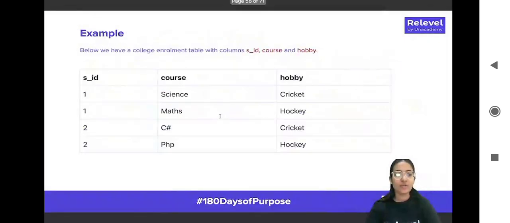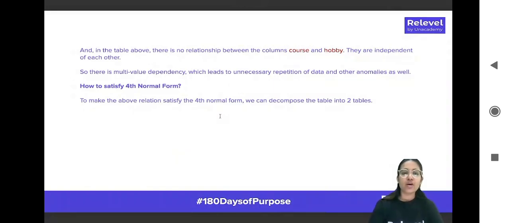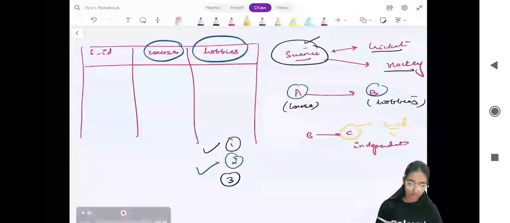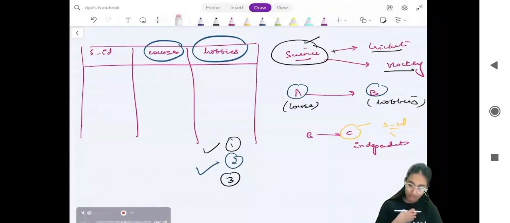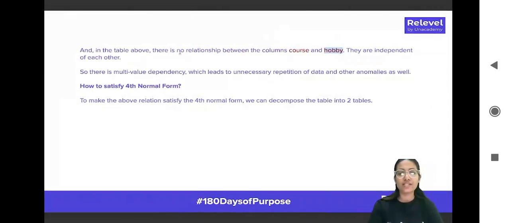So in this case, what we can say is that all the rules are satisfied, right? As in the table above, there is no relationship between courses and hobbies. They are basically independent of each other.